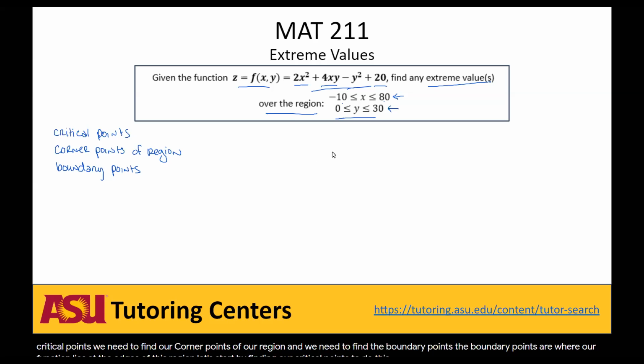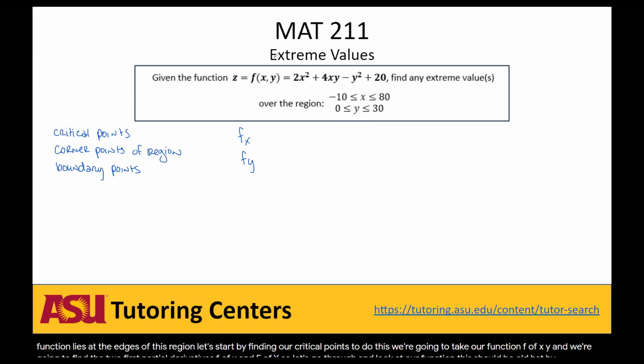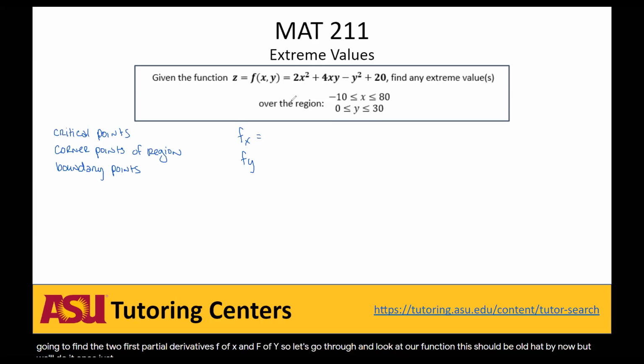To do this, we're going to take our function f of xy, and find the two first partial derivatives, f of x and f of y. This should be old hat by now, but we'll do it once just in case.